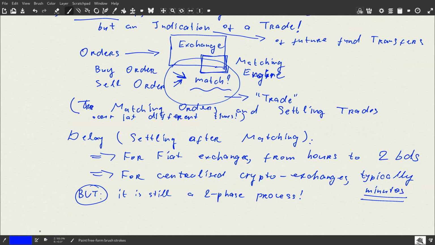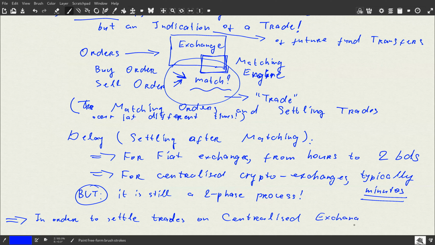And there is a much more serious problem. In order to settle trades, so to really get funds transferred, on centralized exchanges, clients need to deposit funds first to exchange wallets.